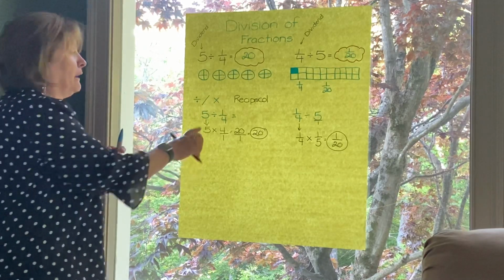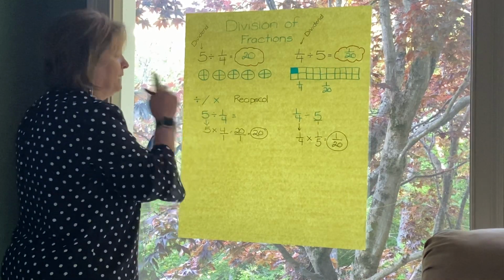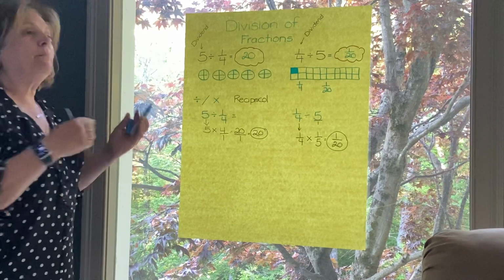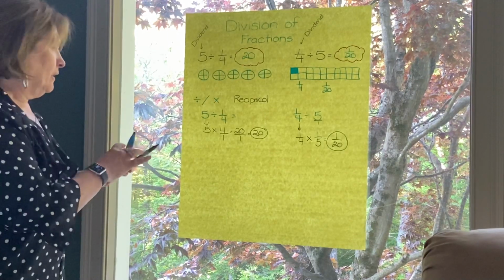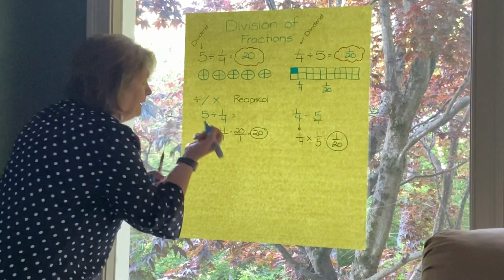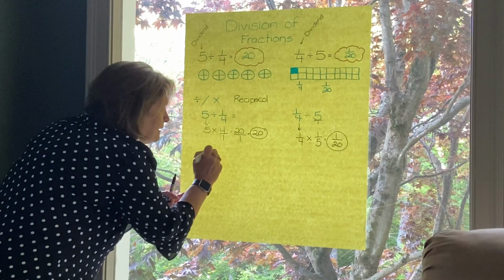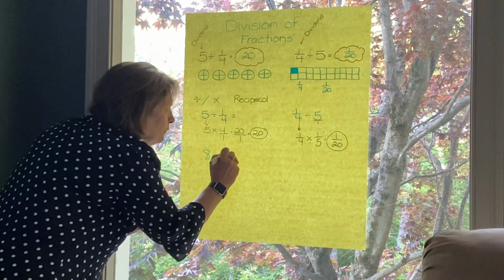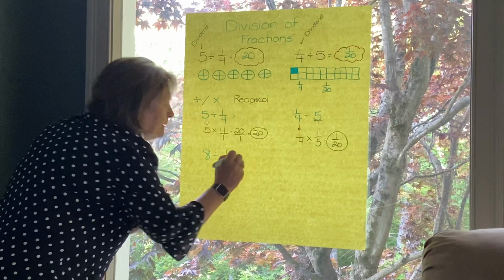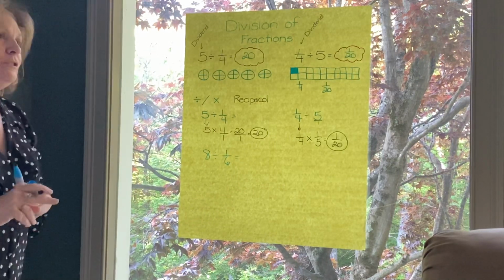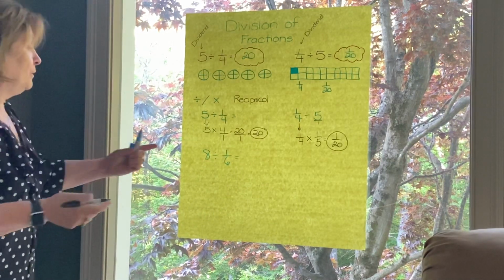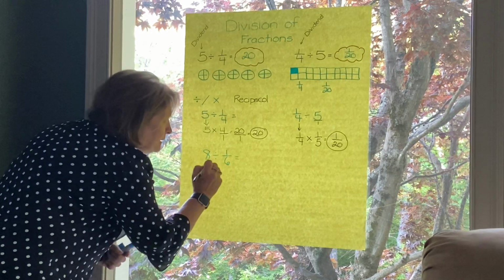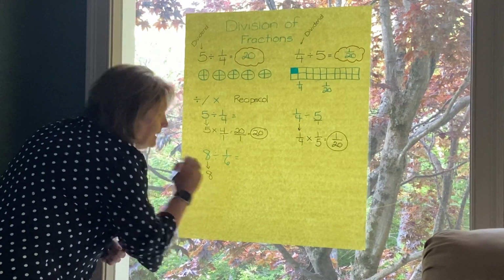So that's what we're practicing. We're practicing writing these equations using multiplication of the reciprocal. So let's look at another one. Let's look at 8 divided by 1/6. Okay, if we want to multiply by the reciprocal, we keep the dividend the same as 8.